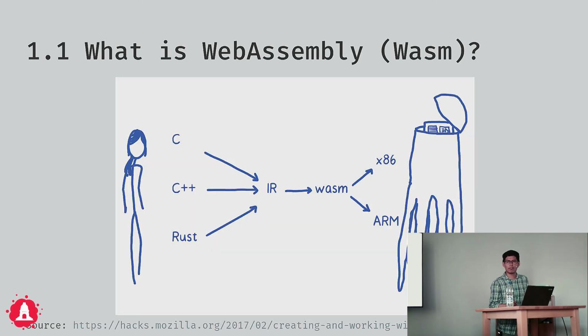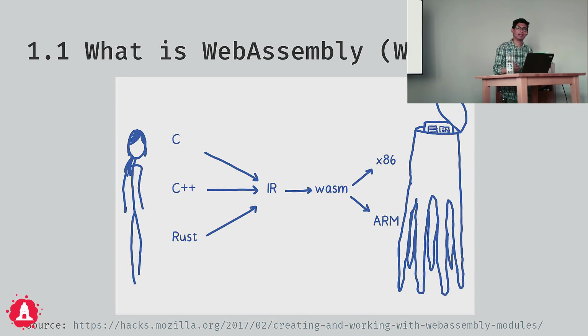Here's a diagram taken from a very interesting post by the Firefox team. In that picture you can see the three main officially supported languages, and the next step is to use an intermediate representation of those languages.